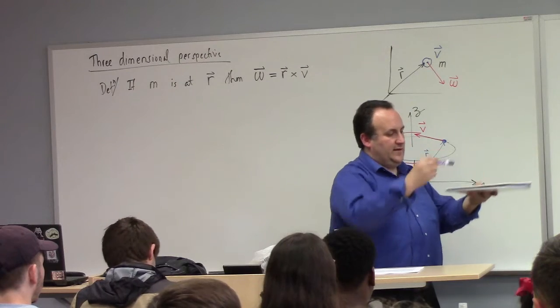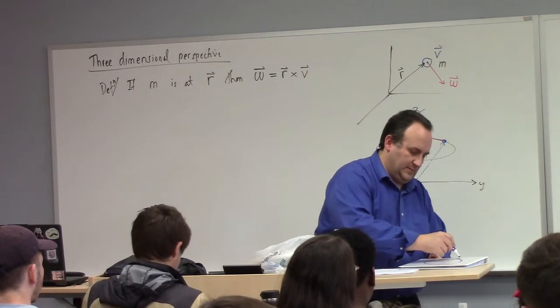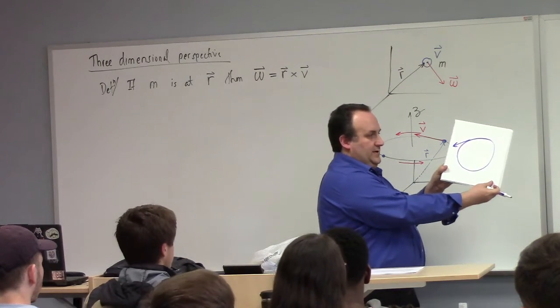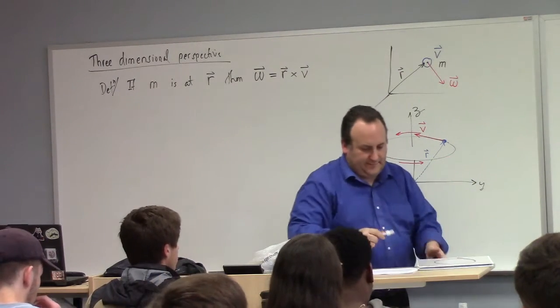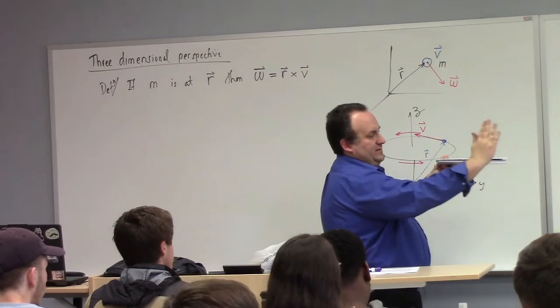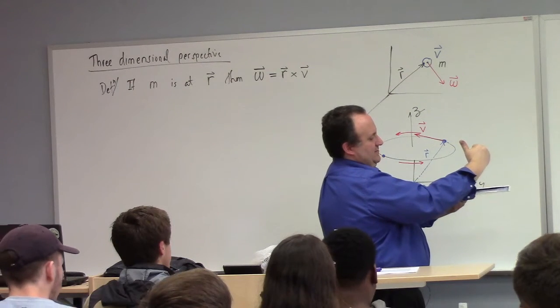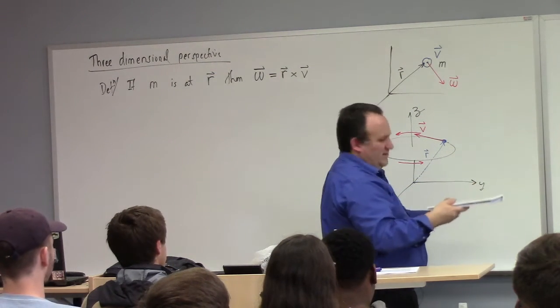So the velocity would be something like that. And then my position vector up from here, across like that. So, man, that's not right. R cross V?